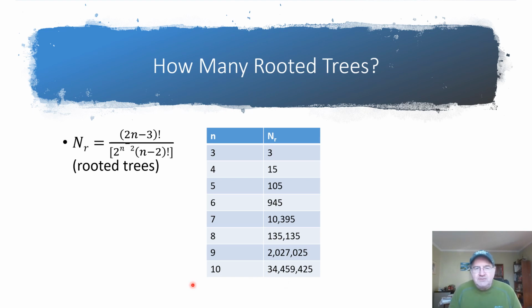Obviously, if you have a large number of taxa, that's probably physically impossible, and certainly going to take way too much time, even with your fastest computer processor, to explicitly evaluate your data against every possible relationship there. So we have to use more approximate methods in order to do this.